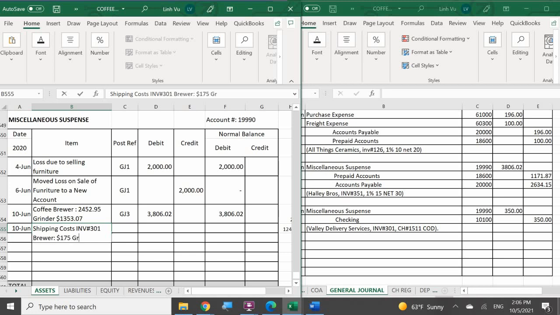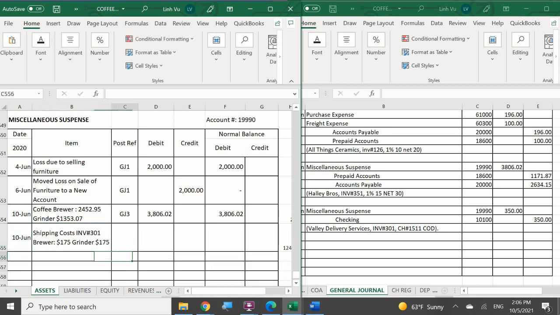Okay, and then the grinder. You can ask the company for those details, or you just estimate more or less the cost of the shipping. If you're the bookkeeper, whatever the accountant tells you to use to calculate the shipping is what you're going to be using.